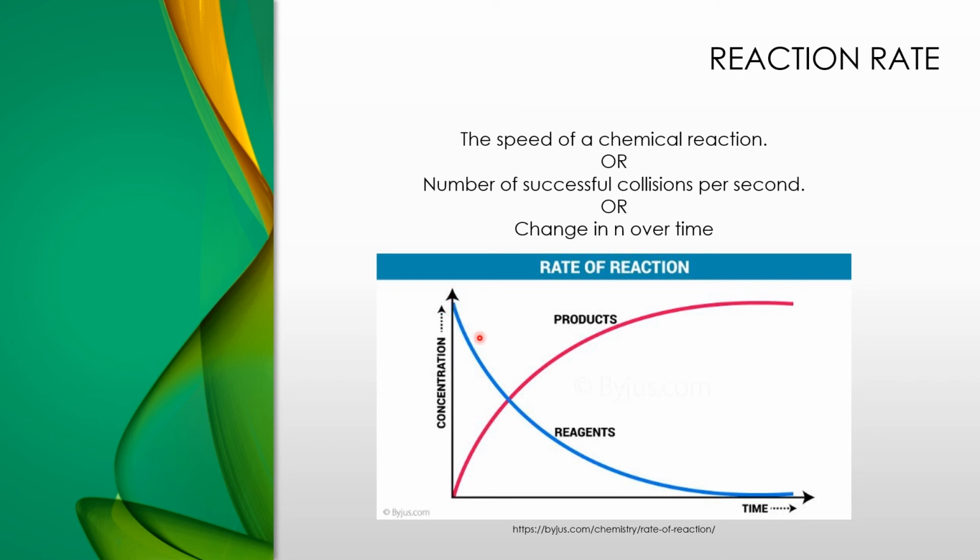So at the beginning here in this process, what we see is that there is a faster reaction rate because the concentration of the reagent and the products are decreasing and increasing respectively quite quickly in a large amount over a short amount of time. But compare that towards the end of the reaction, the products and reagent aren't changing in their concentration very much over much longer periods of time, meaning that there is a slower or smaller reaction rate at the end.